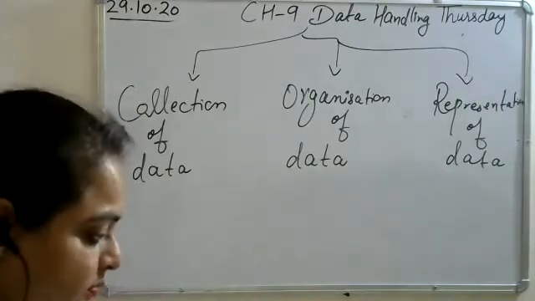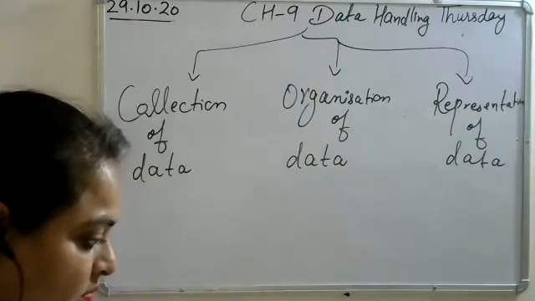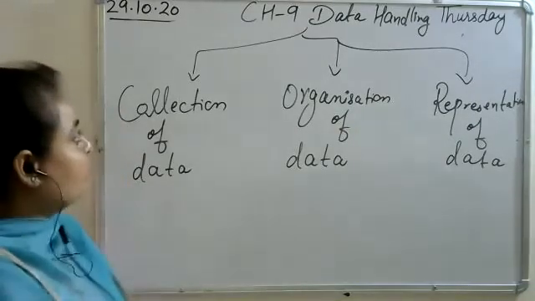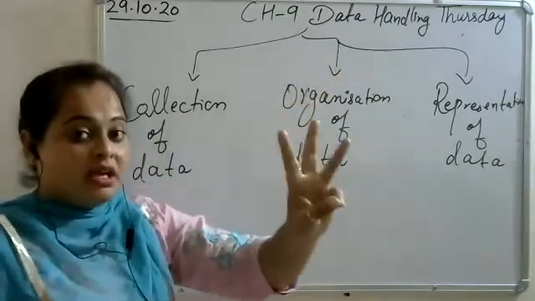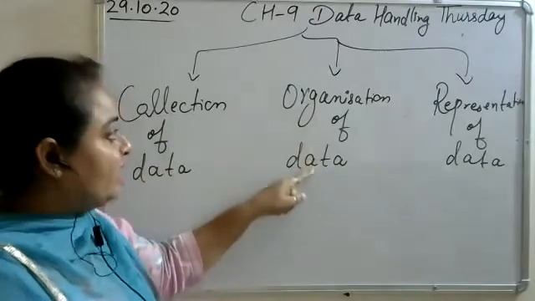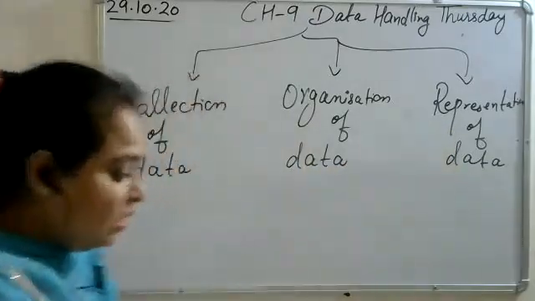Write down. So this is based on three main points: collection of data, organization of data, and representation of numerical data.